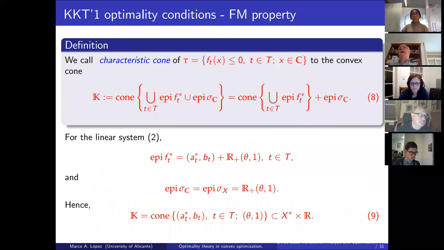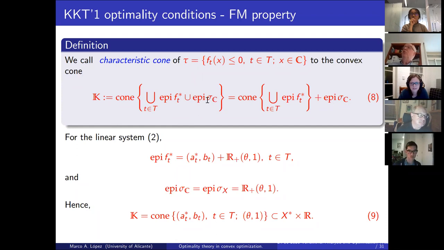Let me introduce one concept which is key in our analysis: the so-called characteristic cone associated to my system of constraints tau. This is the convex cone generated by the union of all the epigraphs of the conjugate functions.